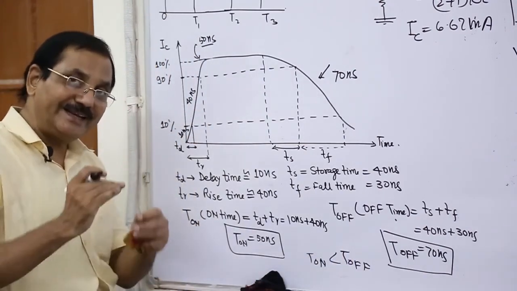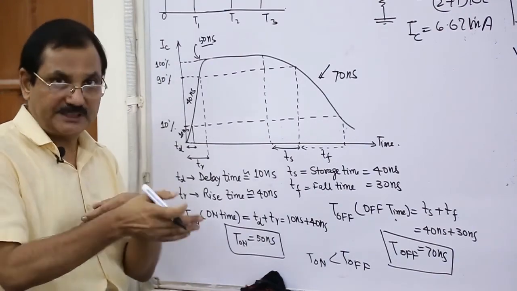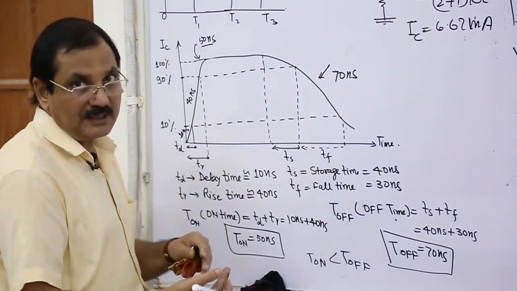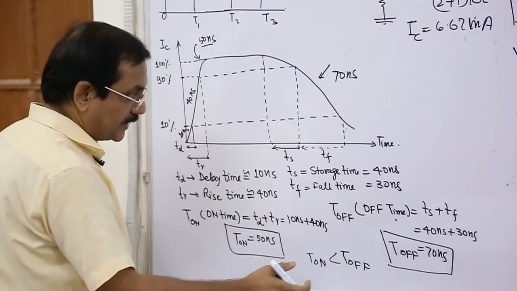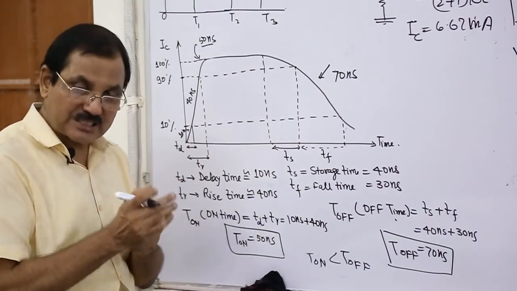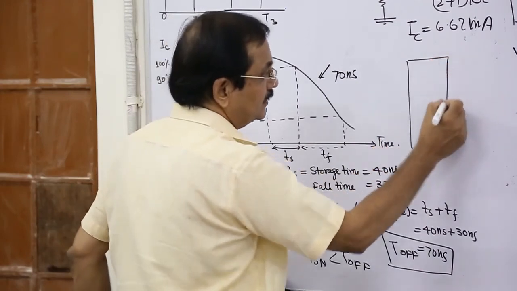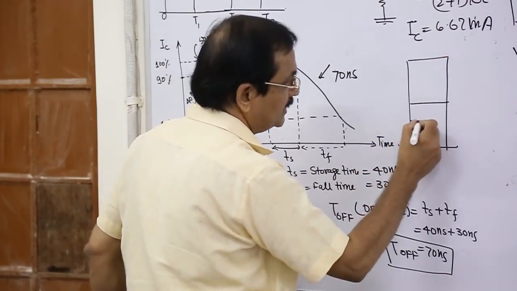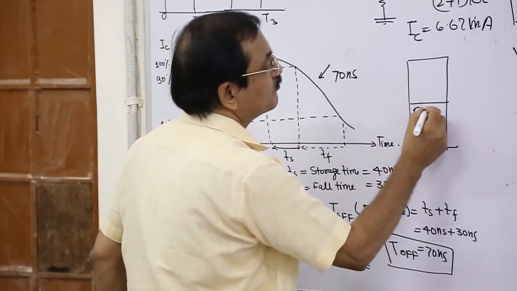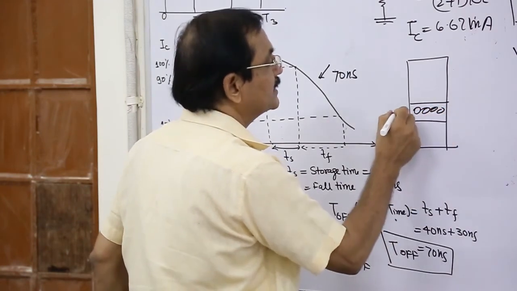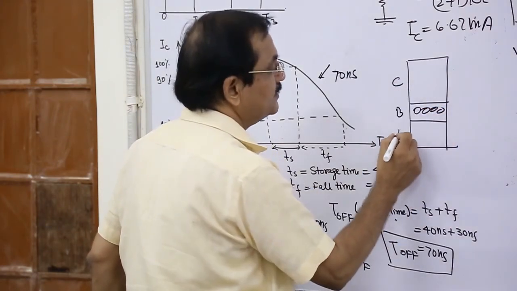So, it is slower to turn off. This action of the transistor depends upon the mobility of the charge. Here it is base, this is collector, this is emitter.